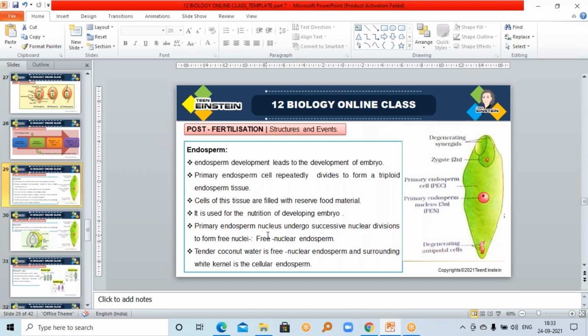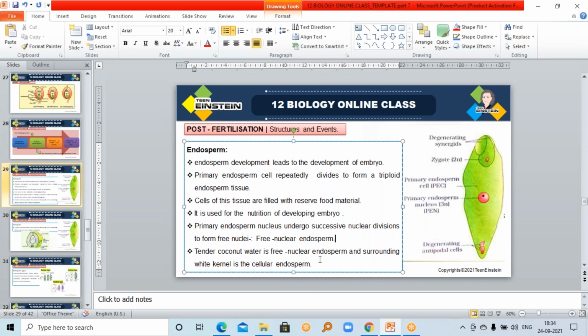And the primary endosperm nucleus undergoes continuous nuclear division and forms free nuclei. That is called free nuclear endosperm. Okay, the tender coconut water is a free nuclear endosperm, and the surrounding white kernel is the cellular endosperm.